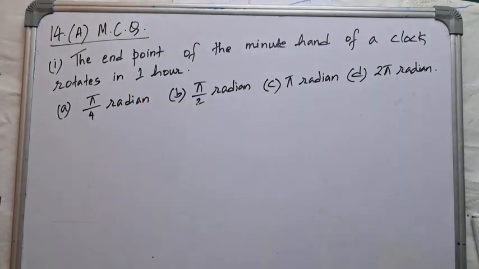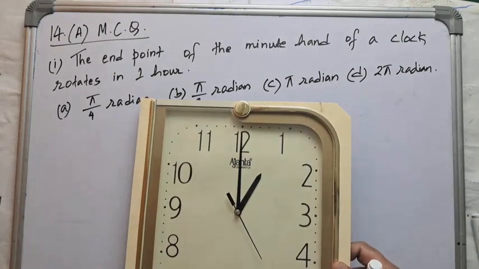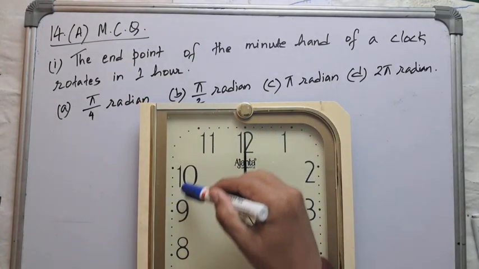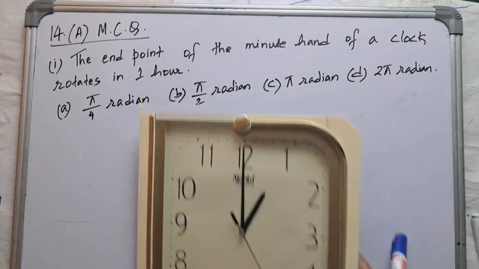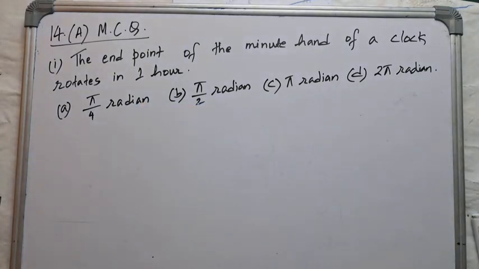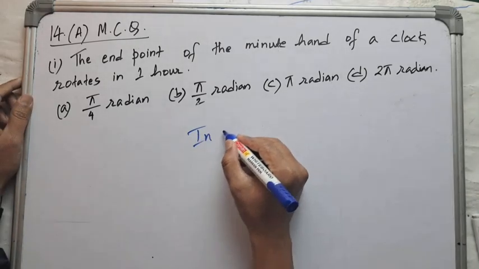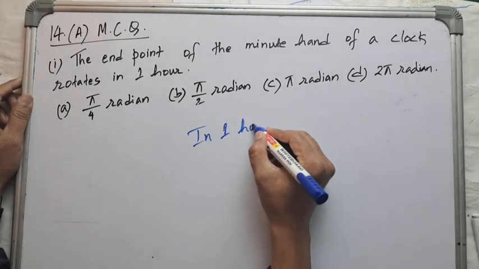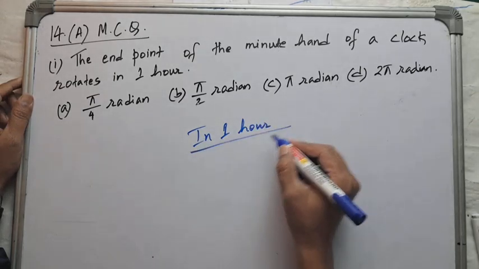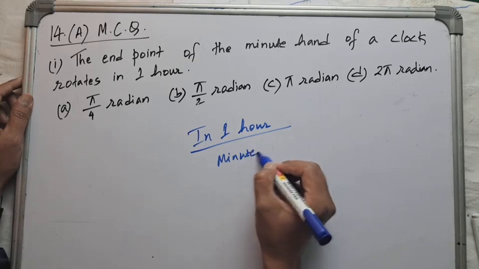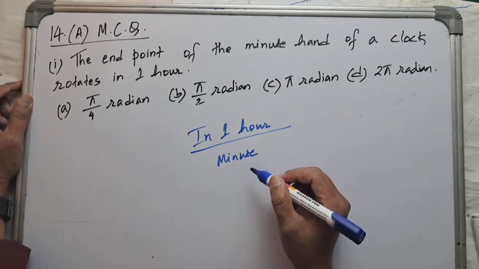We know that, isn't it? One complete rotation means 360 degree. So in 1 hour, let's understand this. We don't need to write all these things in the examination.